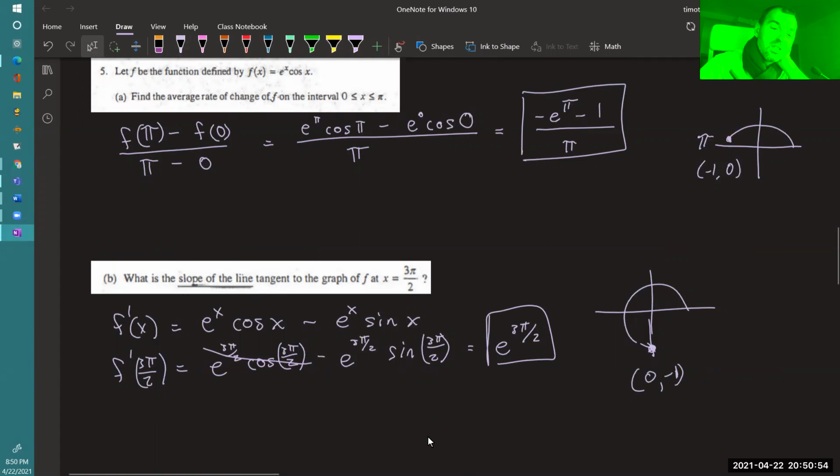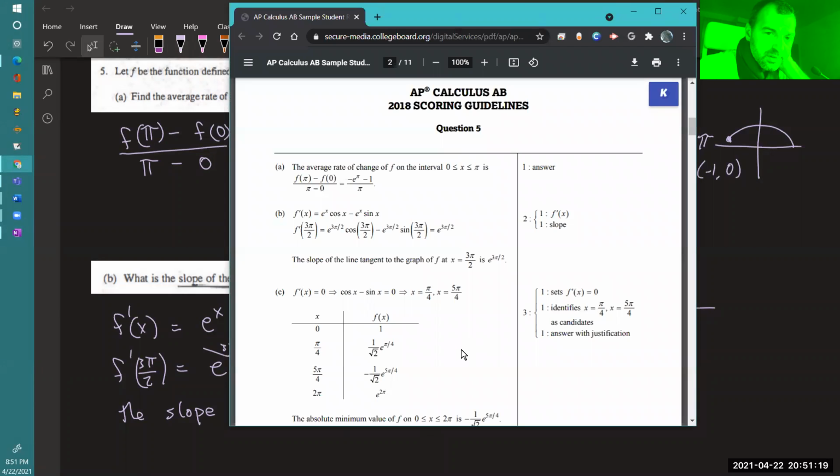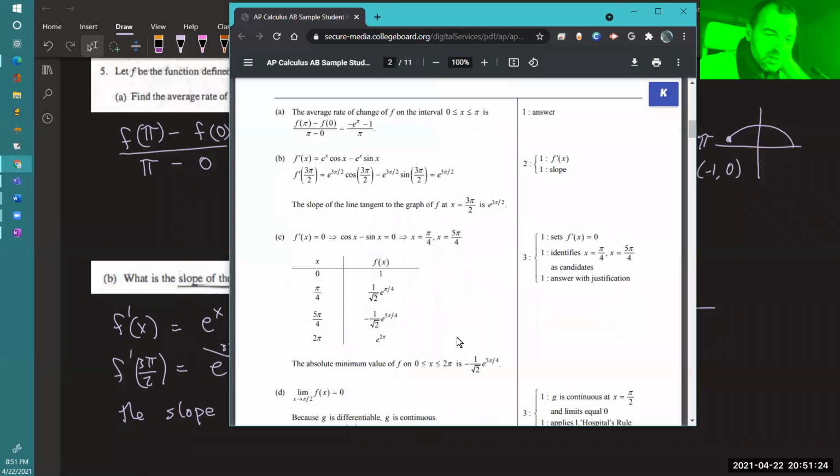Now, I would say the slope of f at x equals, I know it's annoying and you might forget to do it, is e to the 3 pi over 2. But hopefully you have some extra time and you can deal with that.